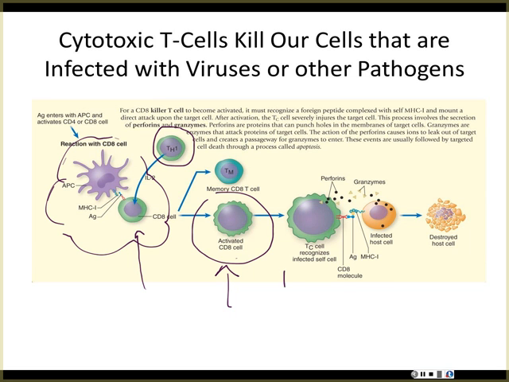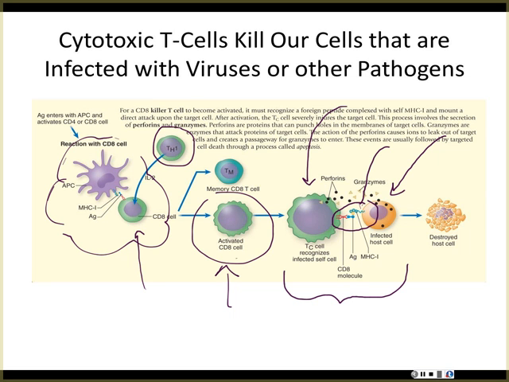All right, once they're in the neighborhood where a virus is causing an infection, this is one of your cells that's infected. Here's our T cell. And they're going to get together, like you see here. The little squiggly right there is an MHC class I protein. That's on the infected host cell.